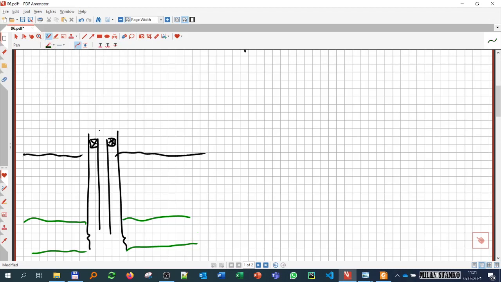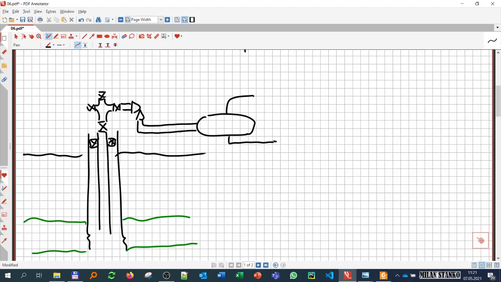The ground level, then we have the Christmas tree. And then after that we have a choke and control element, and then we go to a separator. Let's say here we have some separator facilities. I'm not going to sketch all of them, but at the end you have a valve, you have a meter, and then at the end you store all the production in a storage tank of oil.